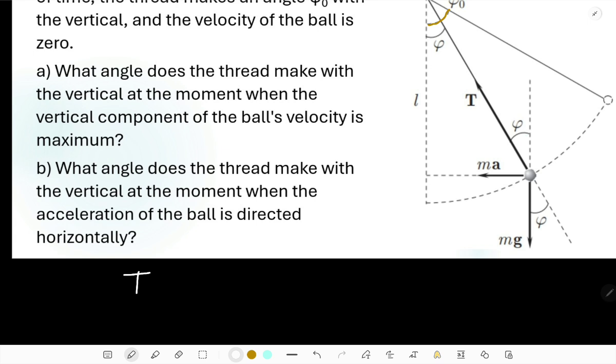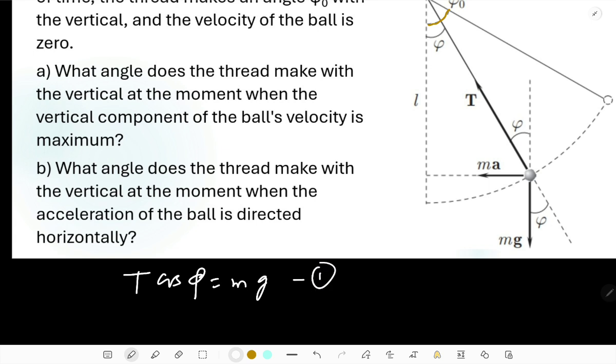At any arbitrary moment when the angle is not phi naught, the ball has fallen some height, and now the string is making an angle phi rather than phi naught as it was at the start of the motion. It is now making an angle phi with the same vertical. So at this moment I can write T cos phi equals mg in the vertical direction.